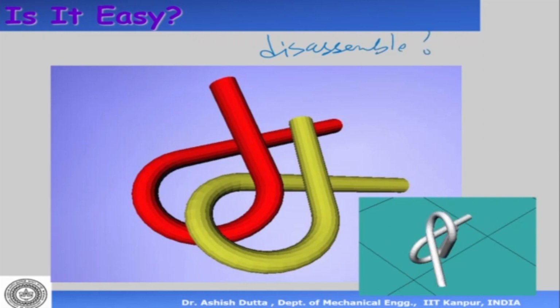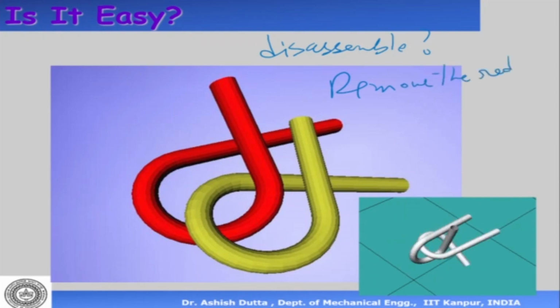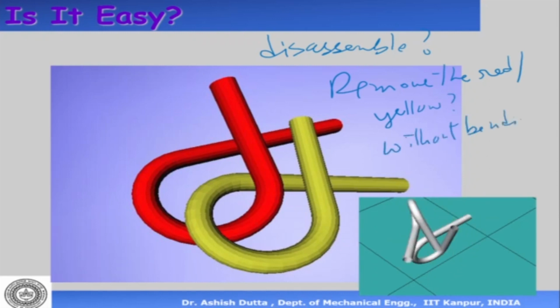Can you disassemble this? Can you remove the red and yellow one without bending? Can you do that? If you just look at this figure on the left hand side, it's very difficult to say.